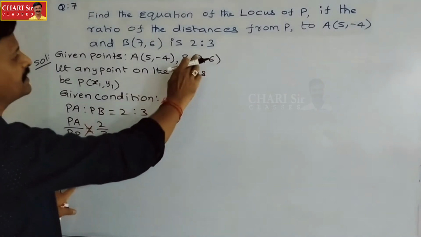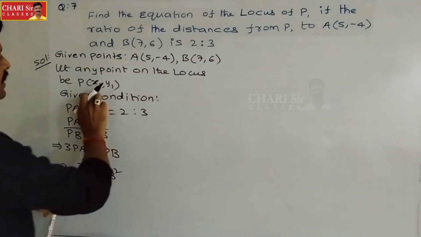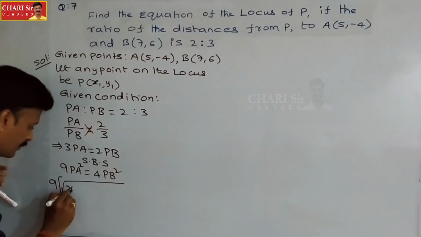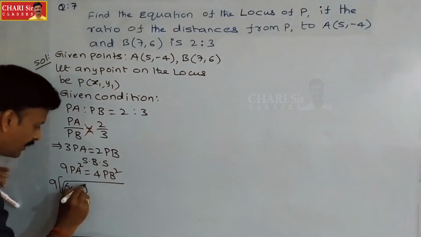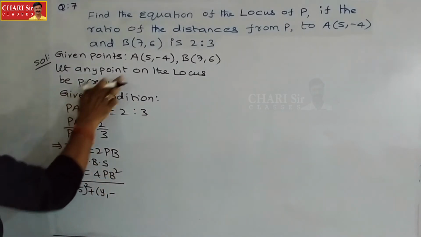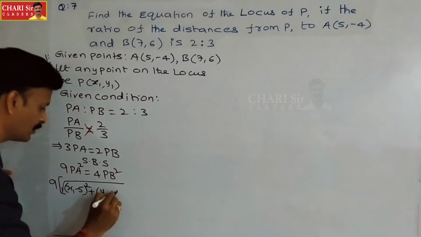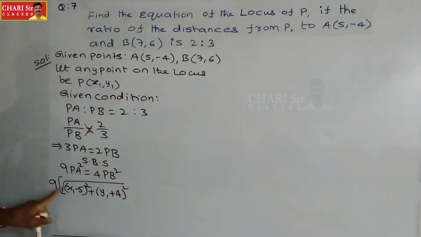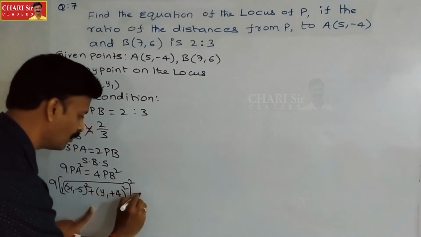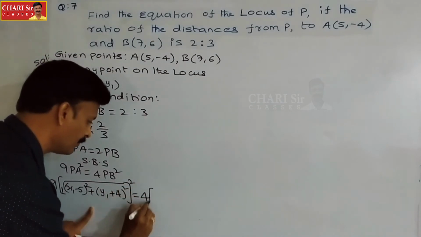PA square means A is here and B is here: (x1 minus 5) whole square plus (y1 minus of minus, plus 4) whole square. This is PA square, and a whole square, which is equal to 4 into PB square.